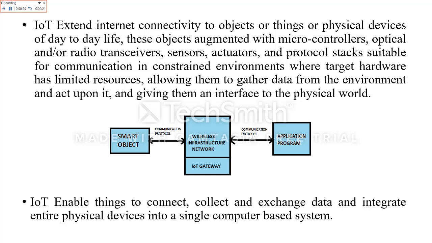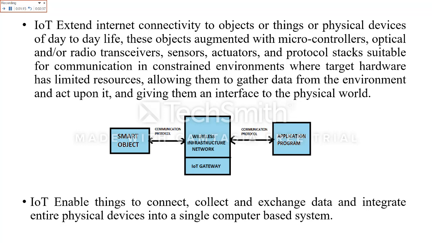So the Internet of Things basically uses a number of electronic components like microcontrollers, optical or radio transceivers for receiving or transmitting messages, and sensors.